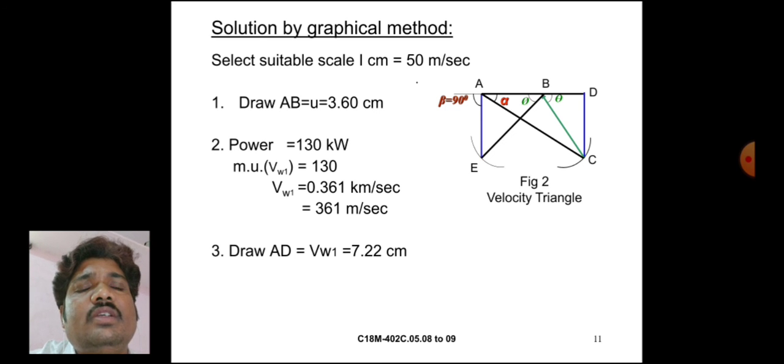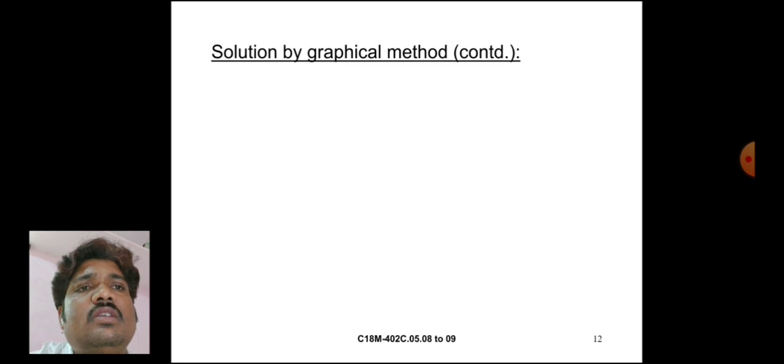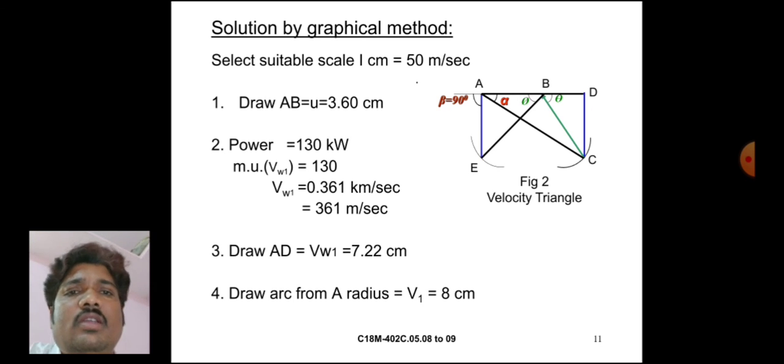Draw AD, VW1 equal to 7.22 centimeter. Draw an arc from A with radius V1, the steam inlet velocity, equal to 8 centimeter. This figure is the velocity triangle.